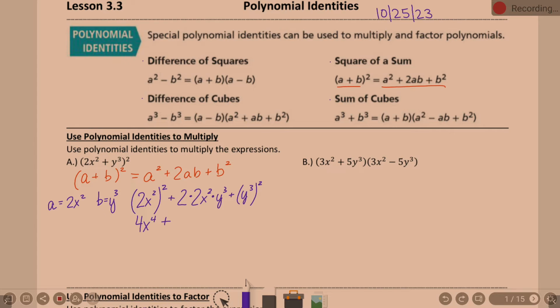Plus 2 times 2x squared times y cubed is going to be 4x squared y cubed, and y cubed quantity squared is y to the 6th. Okay?